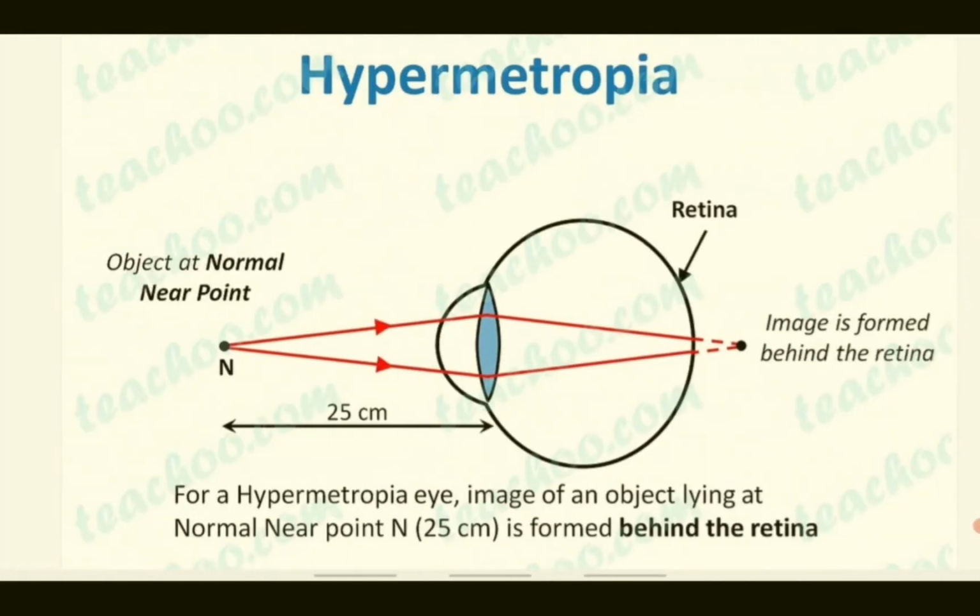So here is the image of hypermetropia. Here we can clearly see that the image is formed beyond the retina. For a hypermetropic eye, the image of the object lying at the normal near point N, which is 25 cm, is formed behind the retina.